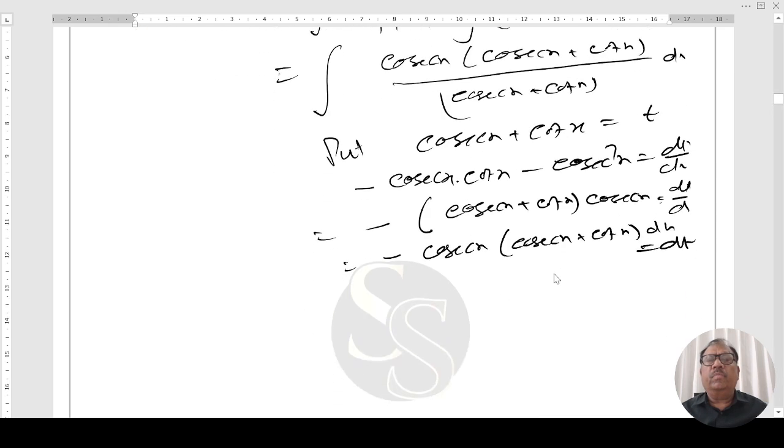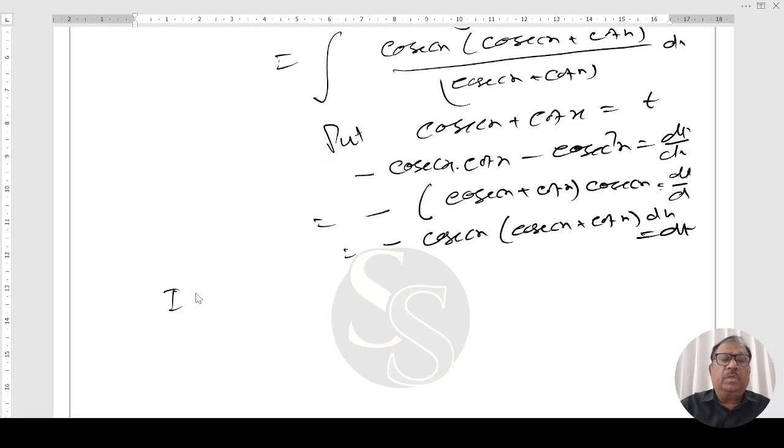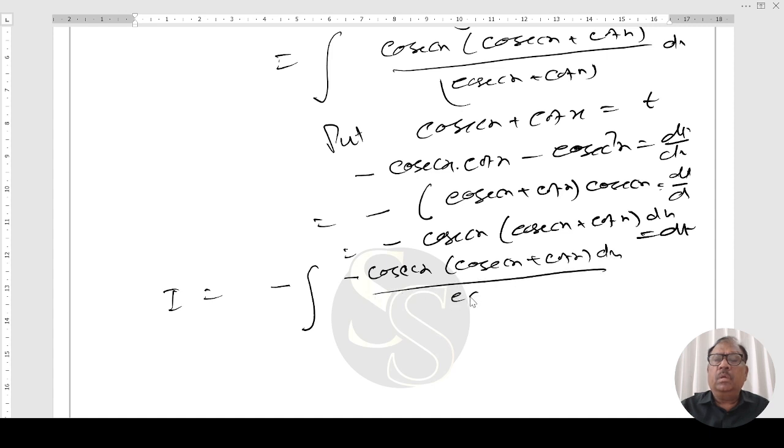Now, therefore, the integration can be written as minus sign, minus cosec x into cosec x plus cot x dx upon cosec x plus cot x. Right?